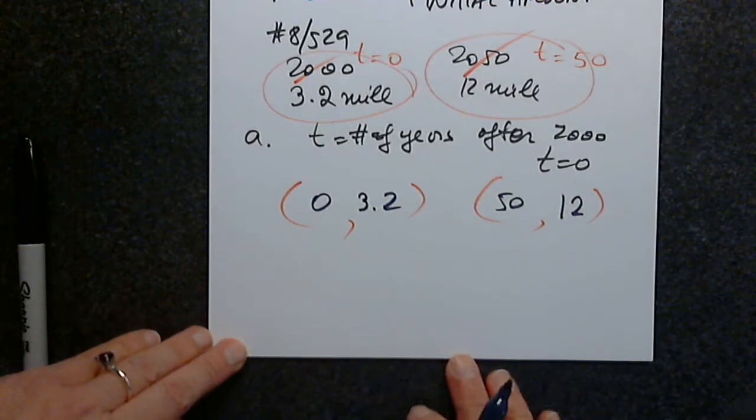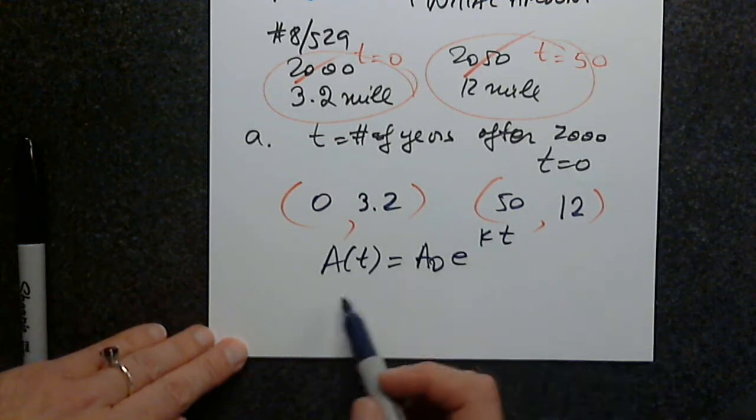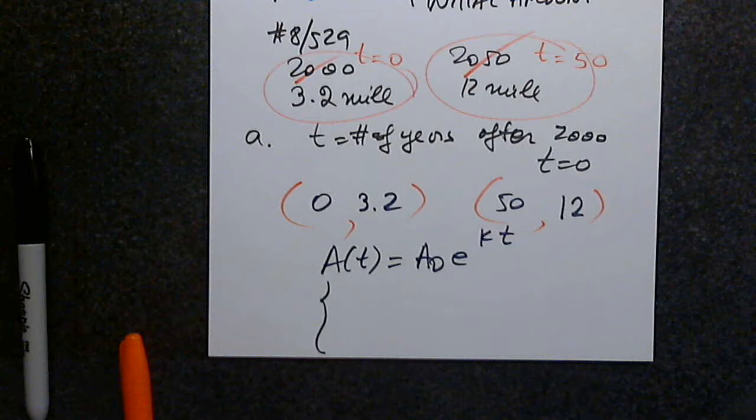I'm going to copy the model. So A of t equals A0 e to the kt. And I want 2 equations from you. Plug in the model the first point and get 1 equation. And plug in the model the second point and get the second equation, please. Can anyone explain what the first point says, or the second point?